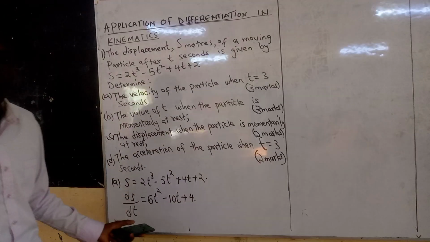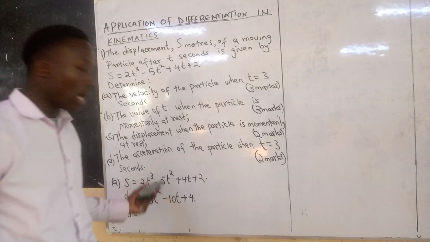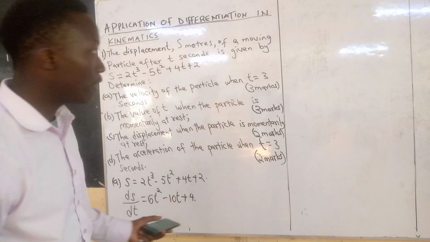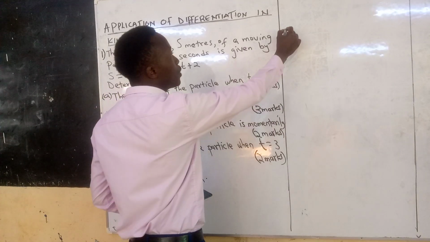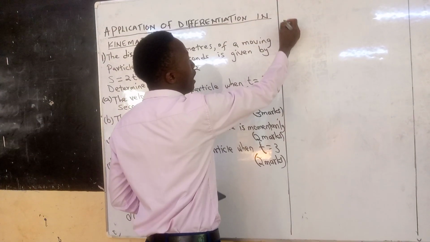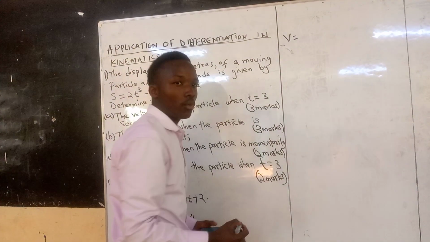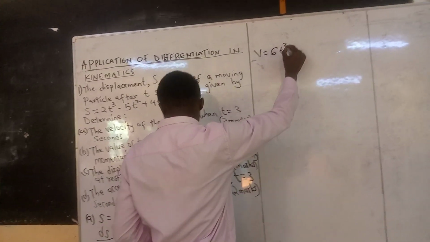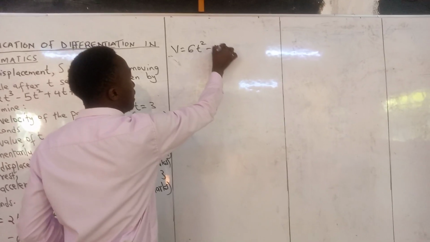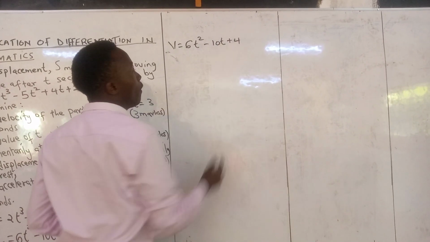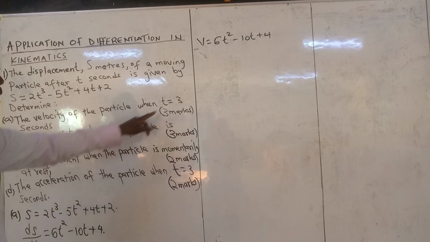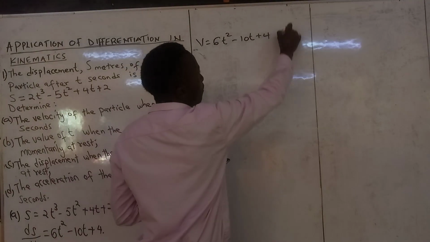After doing that, we have completely differentiated our displacement to get 6t squared minus 10t plus 4. Therefore, the equation of velocity, v, will be equal to 6t squared minus 10t plus 4.